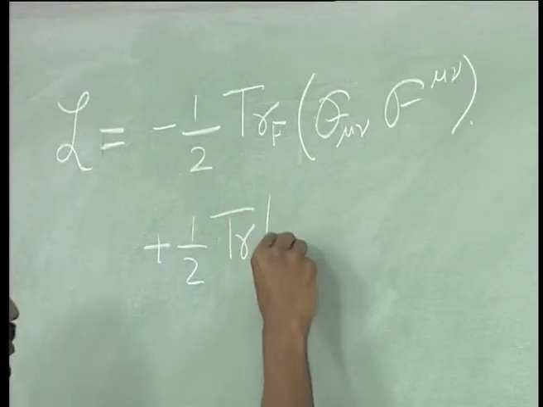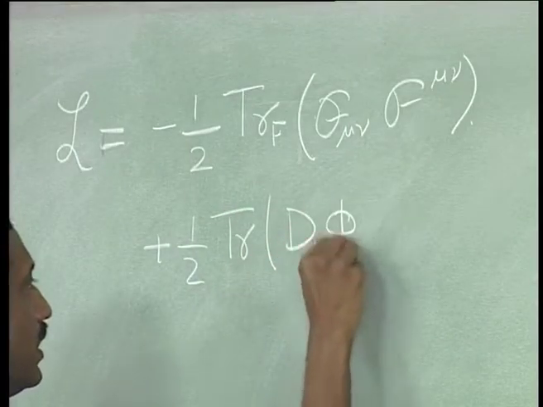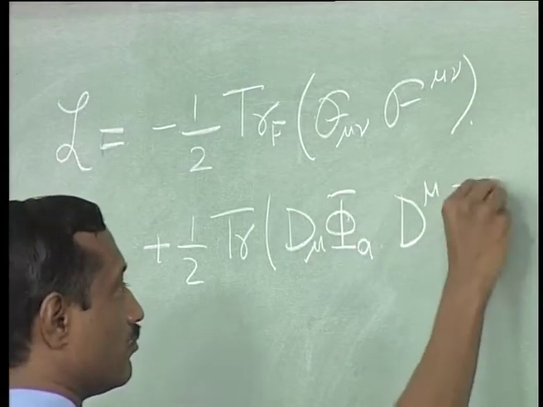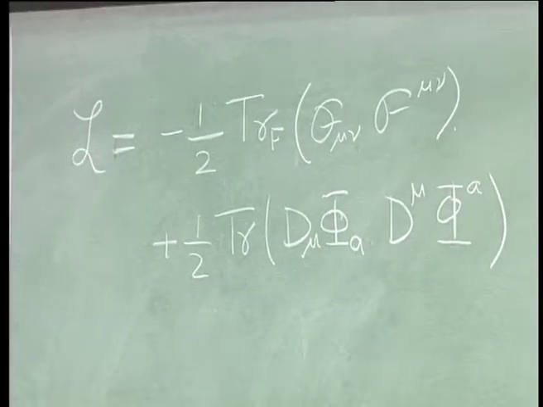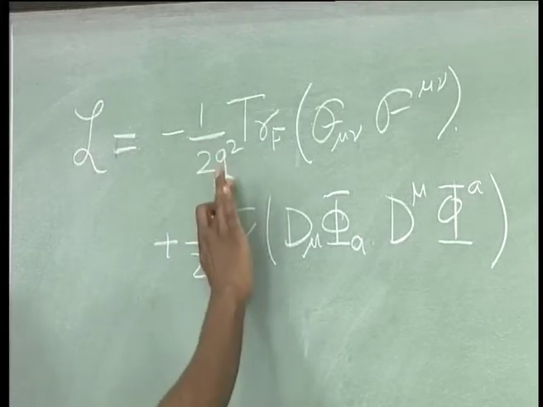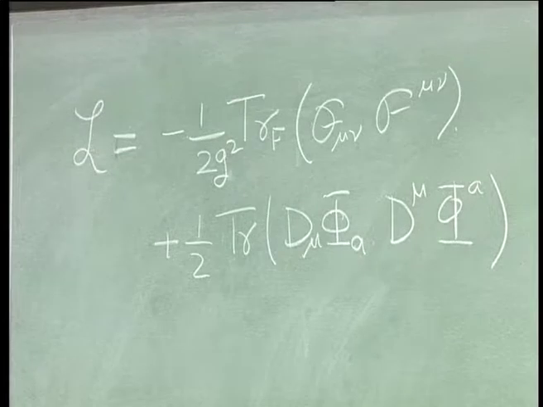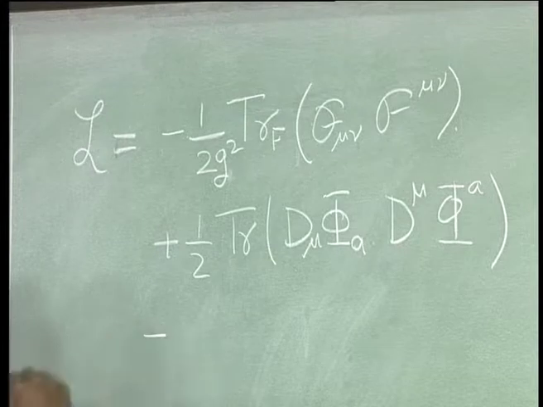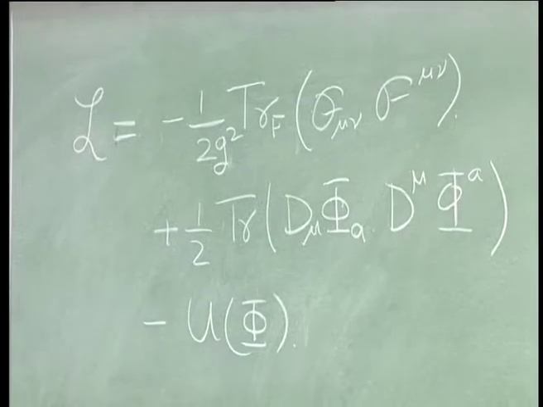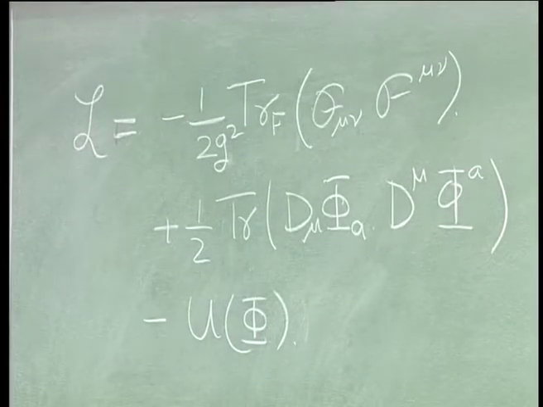So that is just D mu, the covariant derivative of phi a, squared. This is the first thing we would have written, and we could put a coupling, let us call it G squared, the Yang-Mills coupling, and minus U of phi. Okay, this is what we will write.